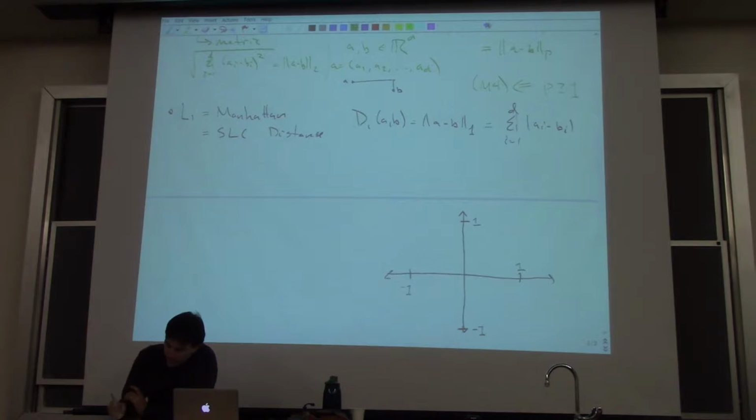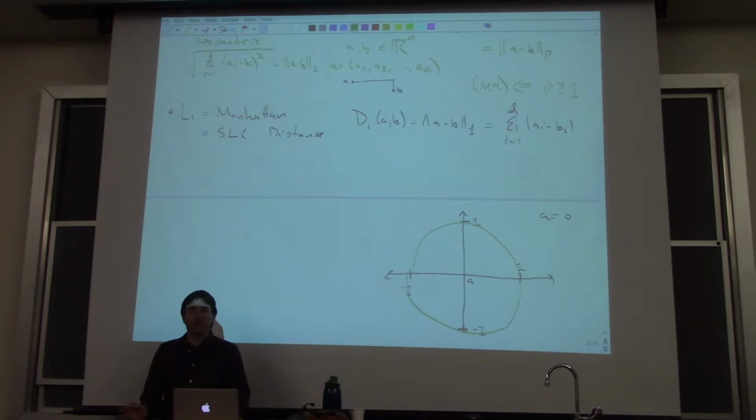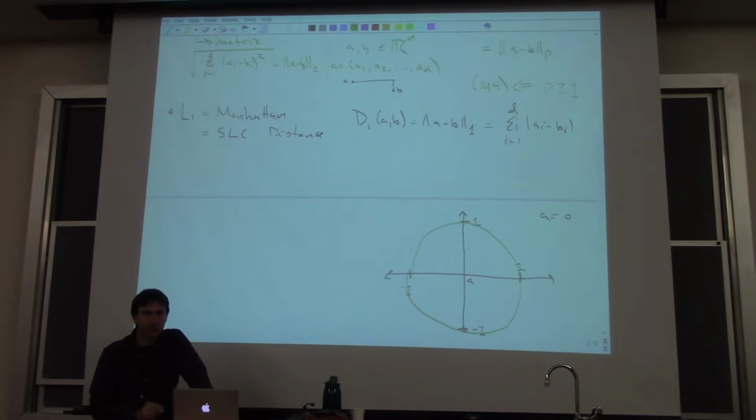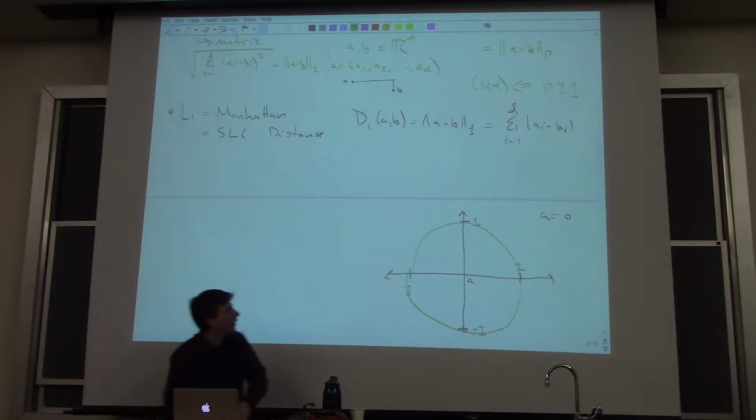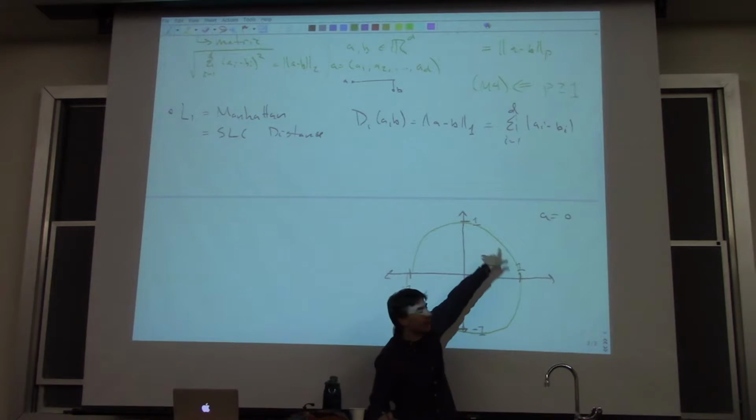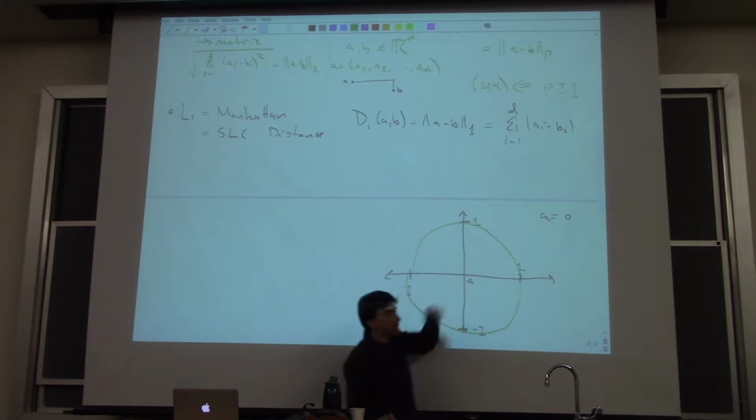If A equals the origin, 0, 0, the L2 ball is just what you expect, a ball. The distance is the straight line distance in any direction you go. It's distance 1, so it hits the coordinate axes and so forth.